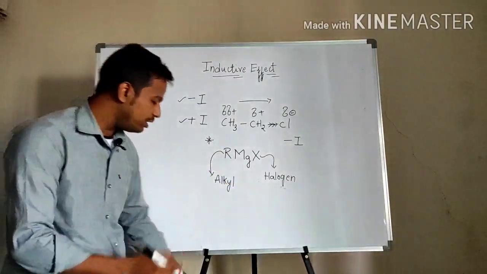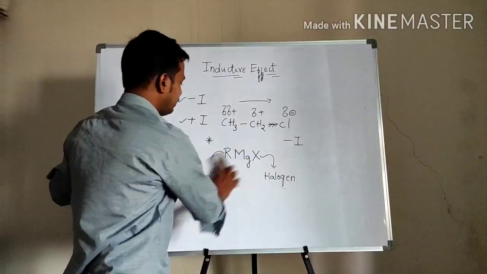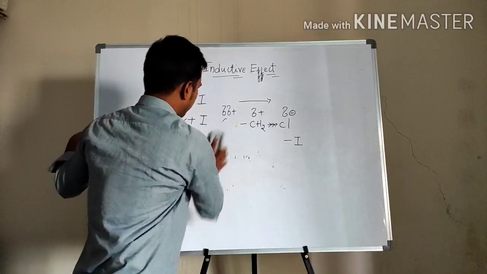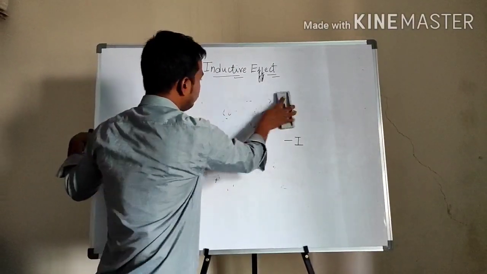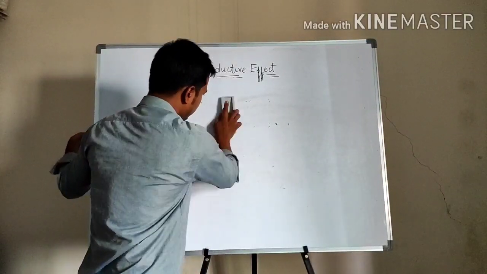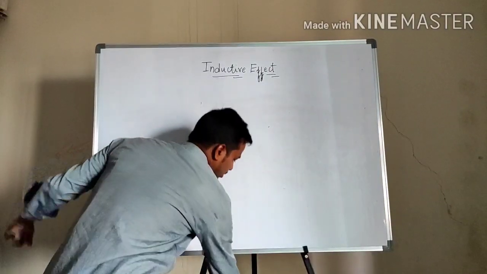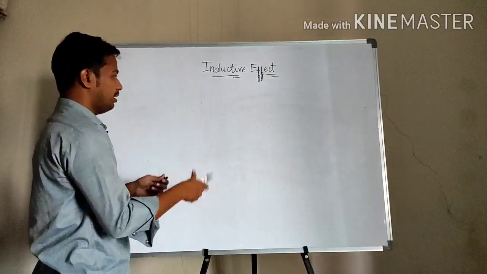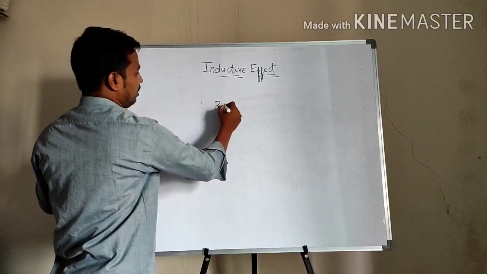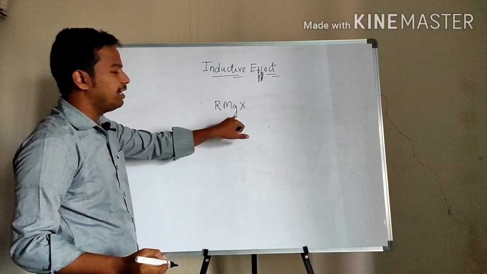Now I will move on to an actual formula, so I am erasing this. As I was saying, the Grignard reagent is RMgX, an alkyl magnesium halide.